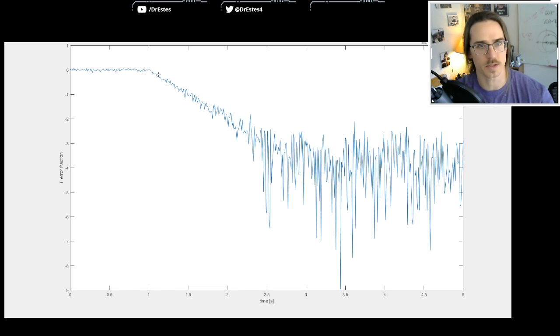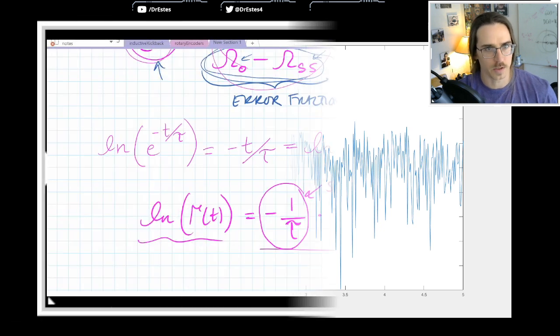But once the step response starts, the log of the error fraction is this straight line until you get to this. So this is where the noise really starts to become a problem once the error fraction becomes small. But I just want to point out, up in this point right here, you have a pretty clear trend of the line.